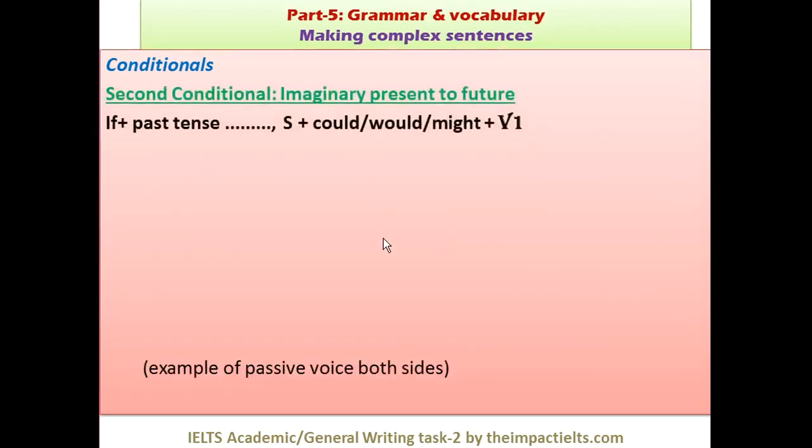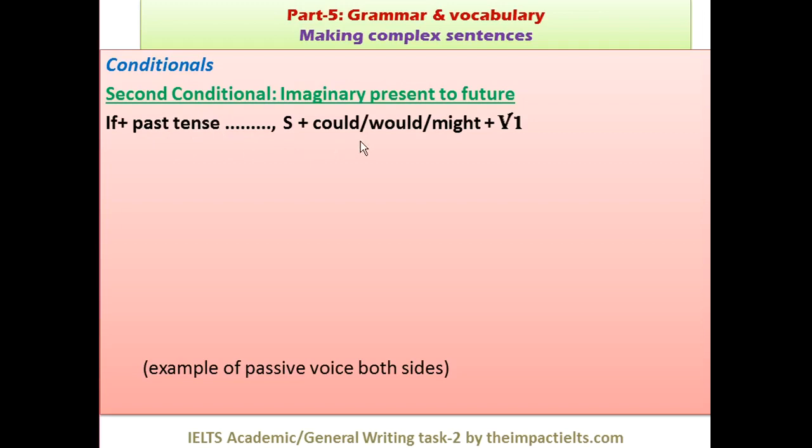The third conditional is actually known as the second conditional, because zero conditional is not counted in many grammar books. This conditional is used when we talk about an imaginary present, and sometimes it can talk a bit about the future. The strangest part of this structure is that to talk about the present, we use the past tense in the conditional part, and this is a rare case in the English language where we use the past tense to talk about the present.